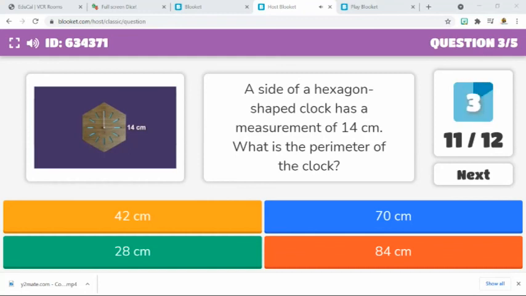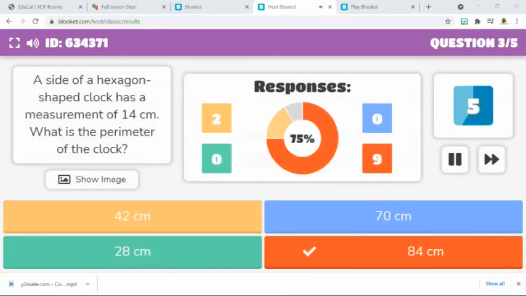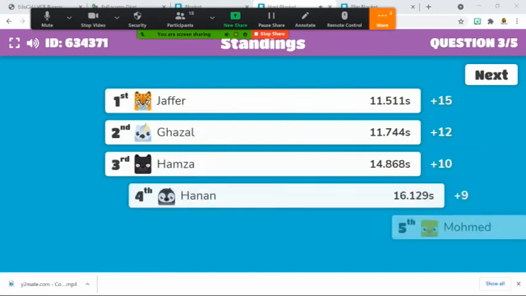What's the correct answer? The answer is 84 centimeters. Let's see who's leading.